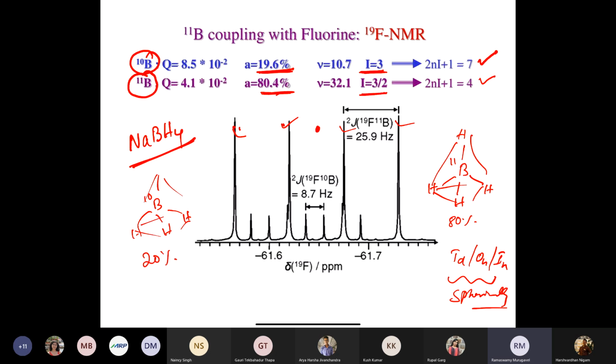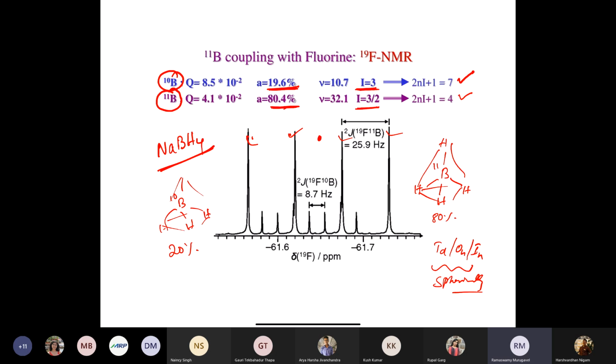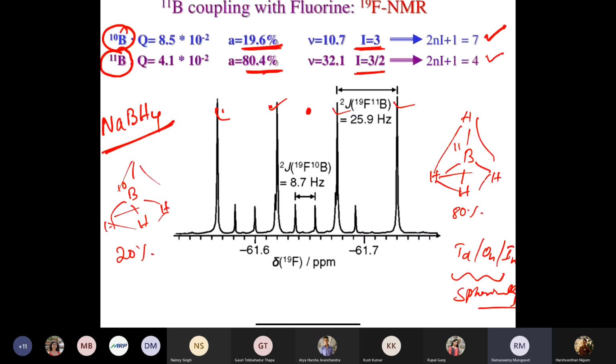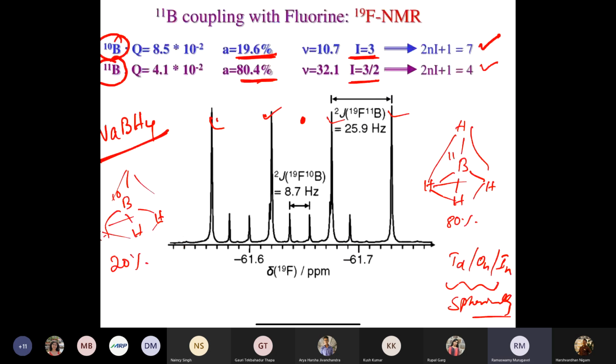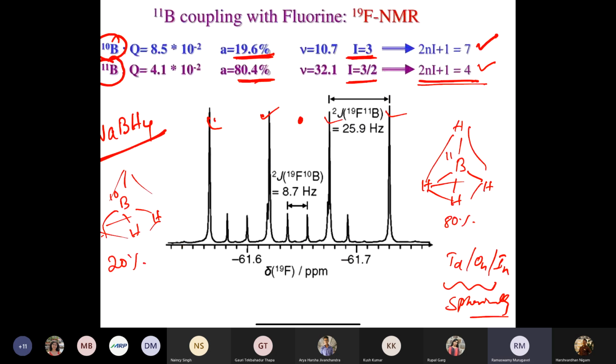So the 80% of molecules will couple with boron-11, which is I equal to 3/2. As a result, they'll get 4 lines of equal intensity. When a quadrupolar nucleus couples with a non-quadrupolar nucleus, you will have equal intensity, 1 line, 2 lines, 3 lines, and 4 lines. This is the coupling constant, 1J of boron-11 with the hydrogen.